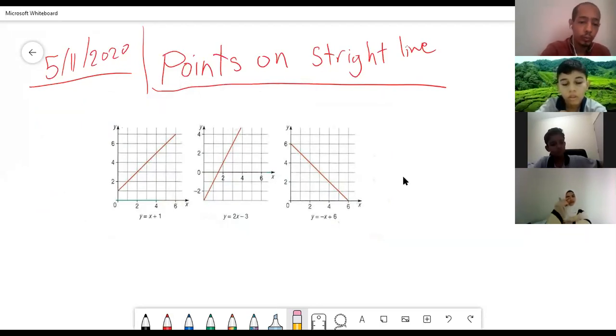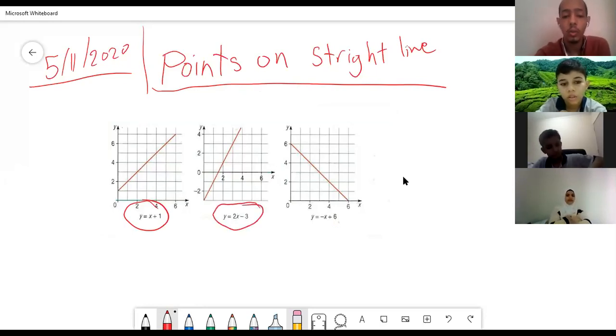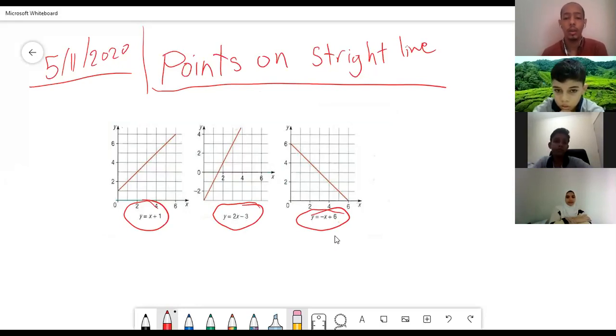The function of the first line is y equals x plus 1. The function of the second line is y equals 2x minus 3. The function of the third line is y equals minus x plus 6.